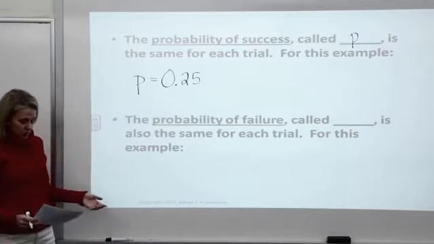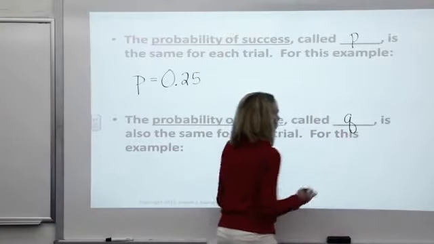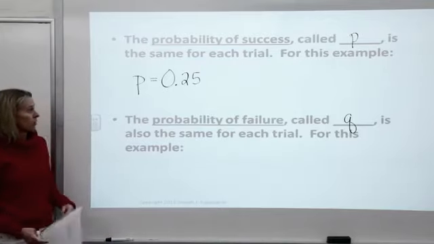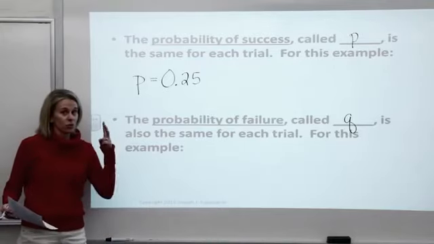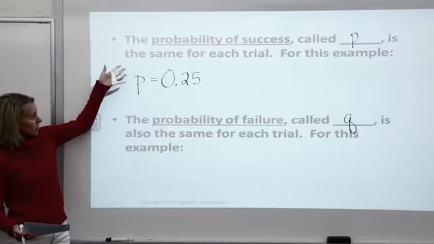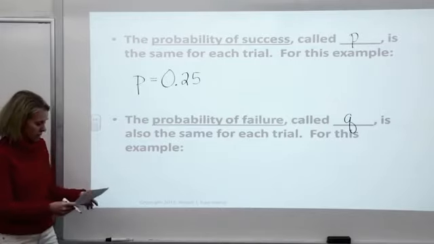The probability of a failure we call q, lowercase q. That's also going to be the same from trial to trial. And it should make sense that if there's only two outcomes, if the likelihood of a success is 0.25, the likelihood of a failure is going to be 1 minus that.